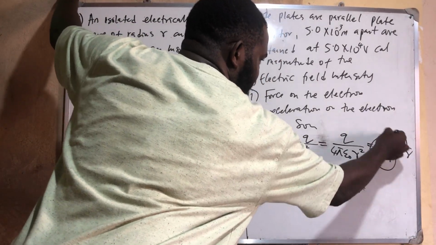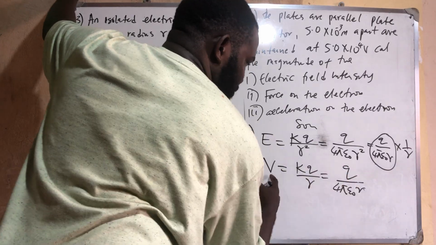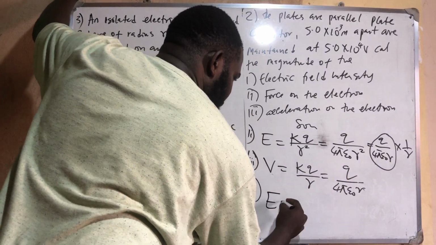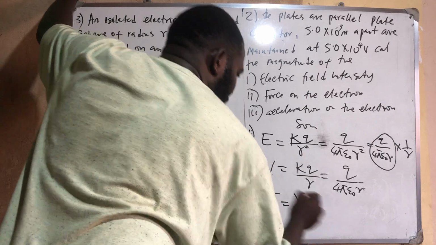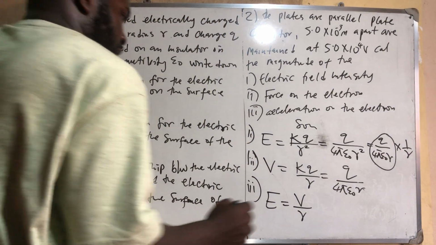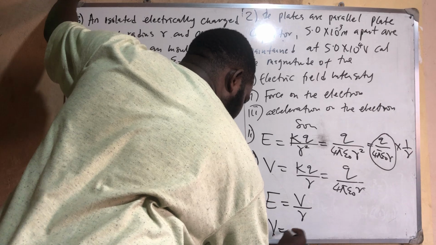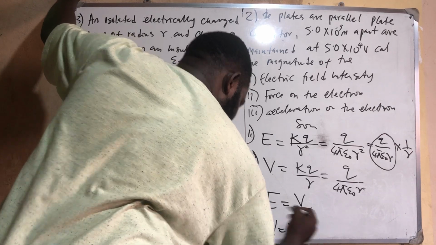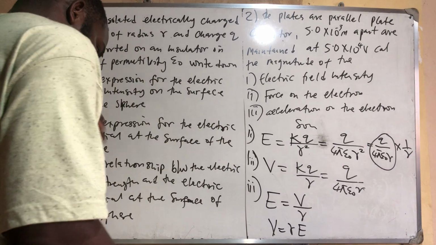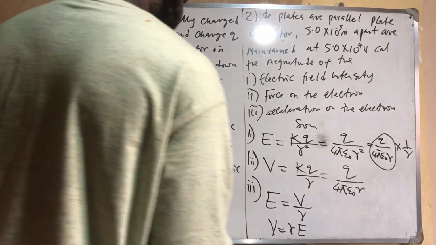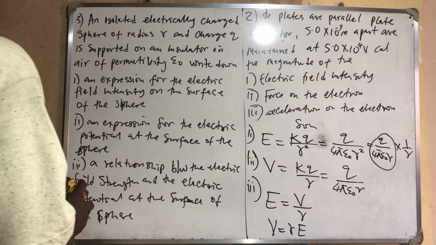But I know Q over 4 pi E naught R is the same thing as your V. So my E is V over R. So V is equal to R E. Anyone that you write like this is very, very correct. So that is what we are required to do.